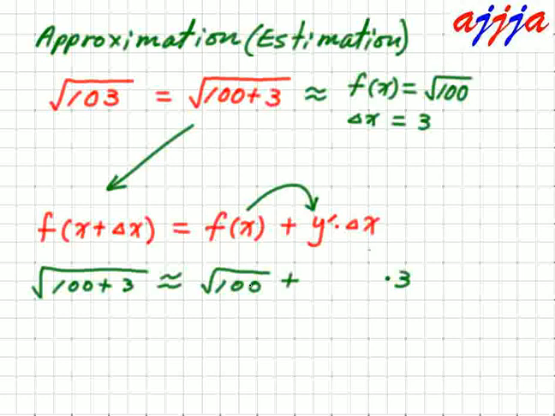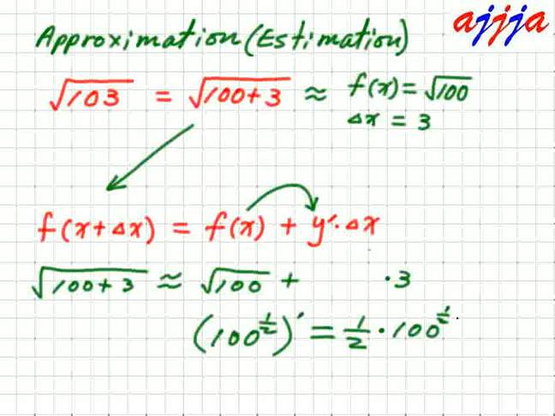But let's find out this y prime. In this case, the square root of 100 means 100 to the half power. Then you take the derivative: you move the half to the front. That means half, then 100 to the power of half minus 1, a negative half power.